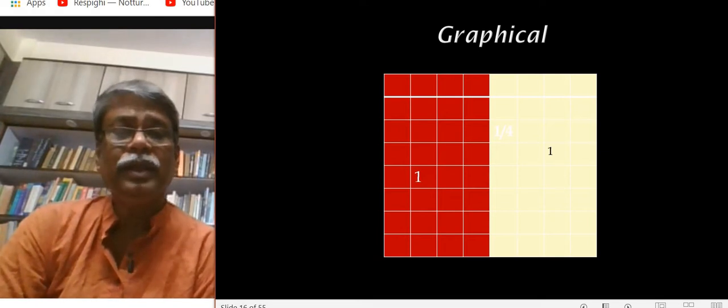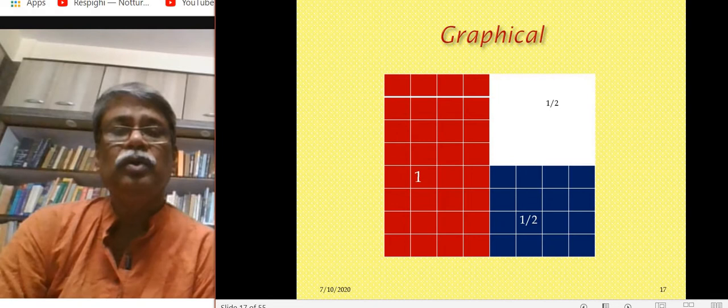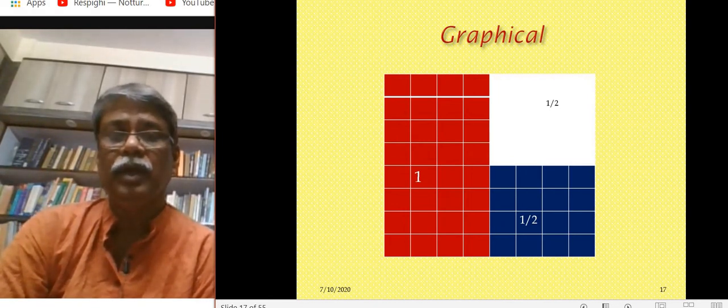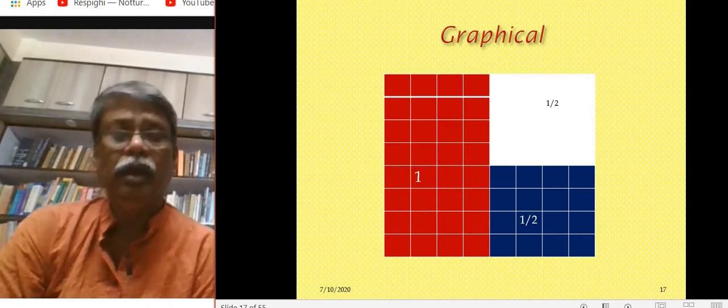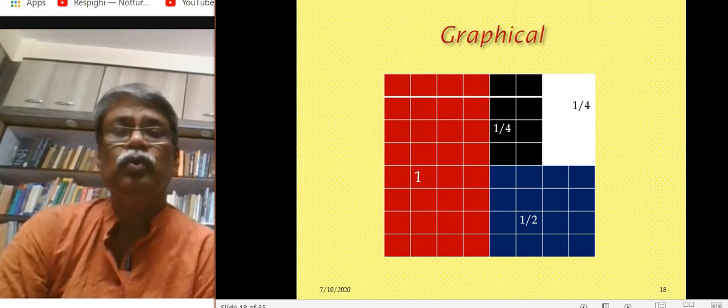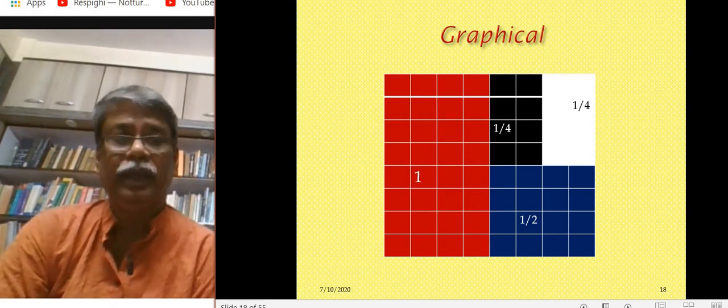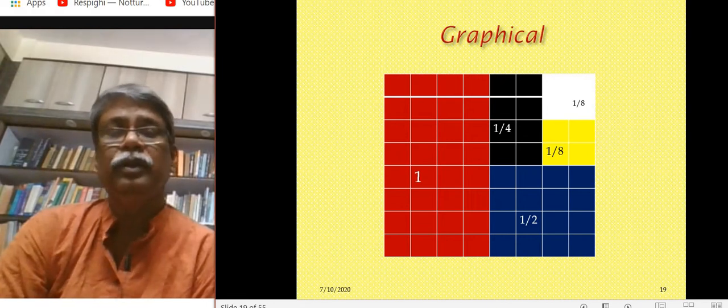Now the right hand side part, let me divide it again into 2 parts. So naturally it was 1, so half and half. Now the remaining white square is again divided into 2, and so 1/4 and 1/4. If you go on dividing again, it would be 1/8 and 1/8, and then 1/16 and 1/16.